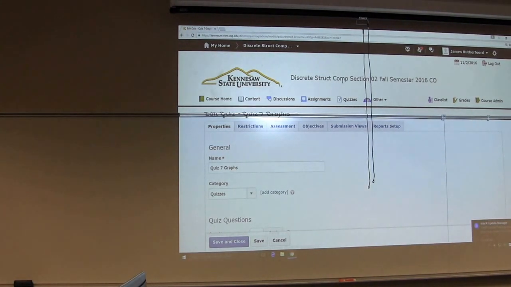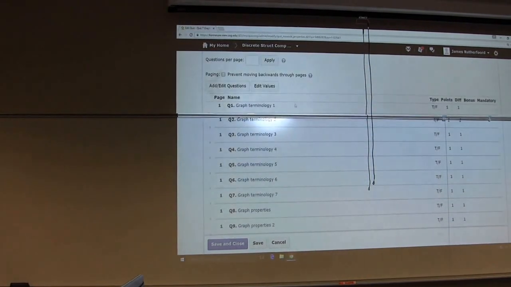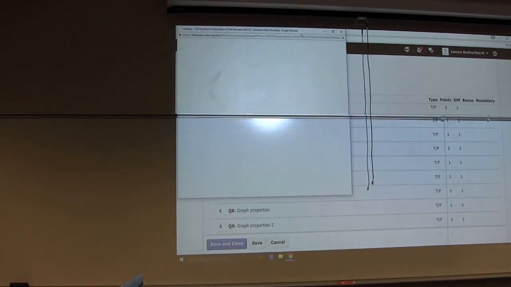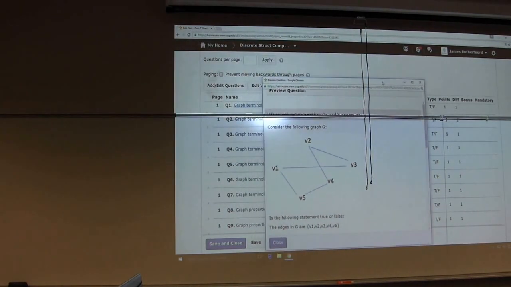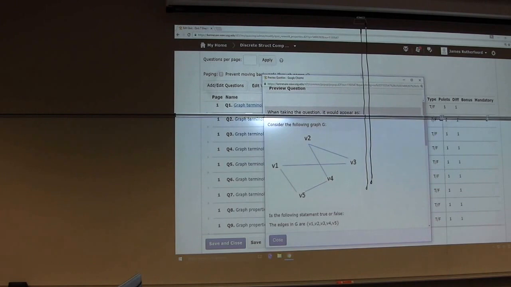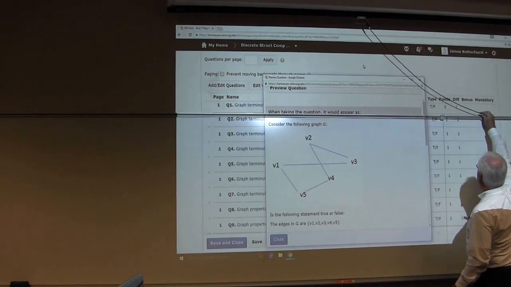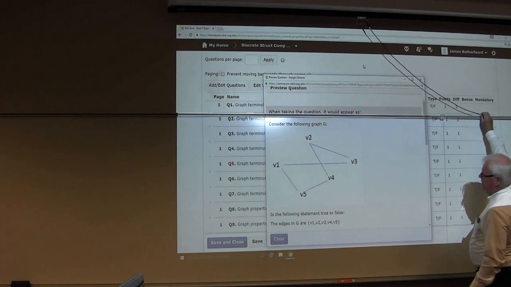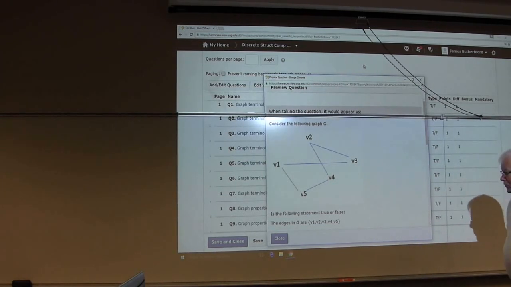graphs. Okay, so this is on terminology. So the edges of that graph are V1, V2, V3, V4, or V5.